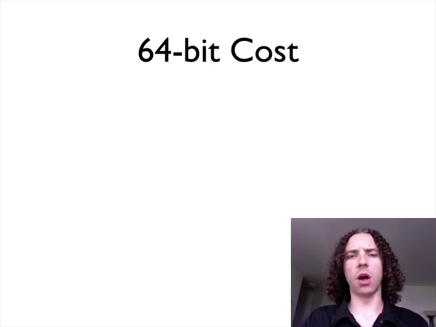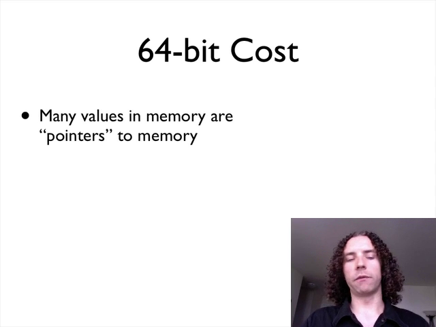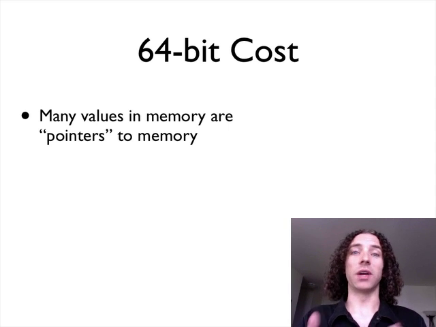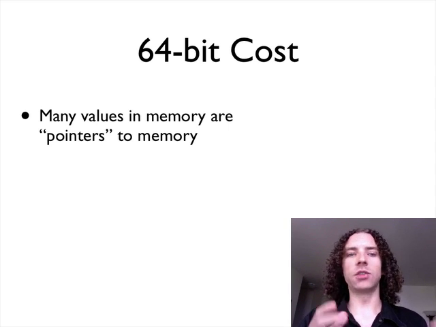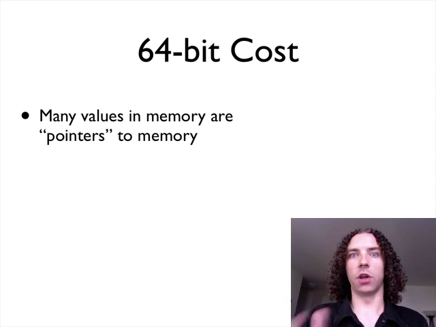So what were some of the costs, though, that came into play when we did this change? Right, nothing's for free. So one core problem behind this is that most of the actual information that a program's storing in memory is just what's called a pointer to another piece of memory. It is that address of another piece of memory that it's storing.